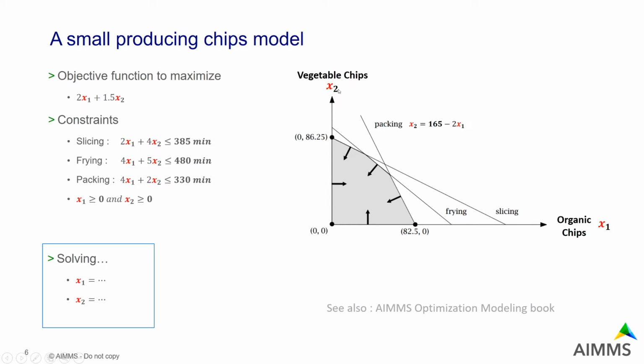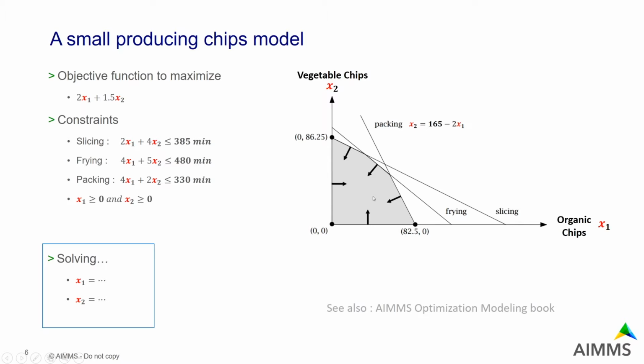So here is the representation of the model in 2D. Because we have two variables, we can represent that model in 2D. That's why we are working on a very simple model like that. And what we can see in gray here is the solution domain, which means that every point of this domain could be a solution of our problem, which means that it respects all the constraints that are here.